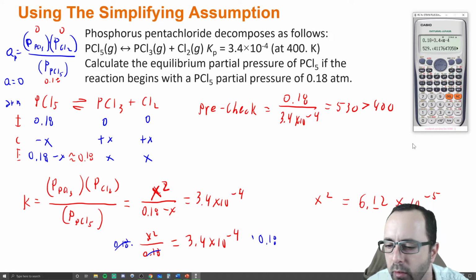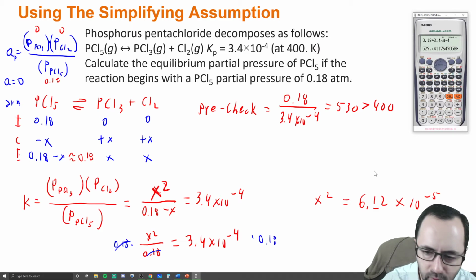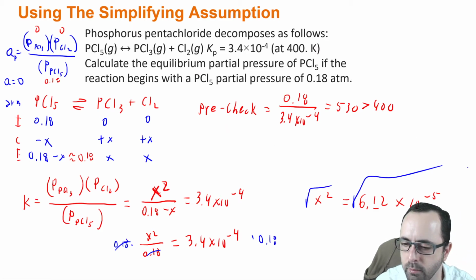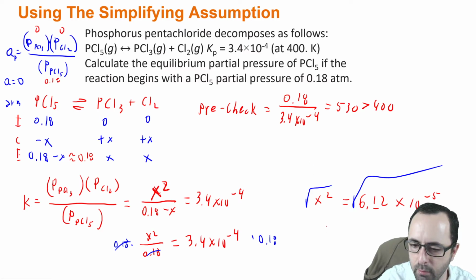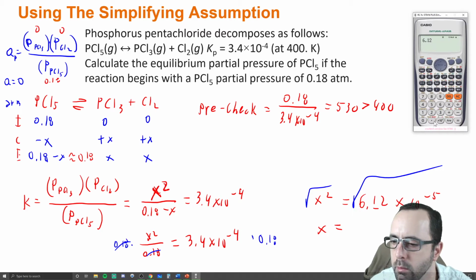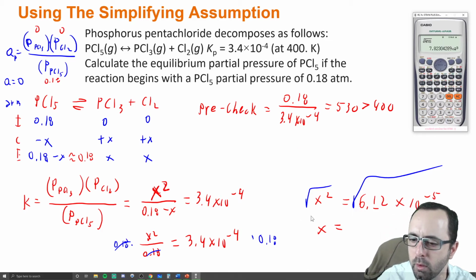Okay, 530. That's fine. Now we're going to take the square root of both sides. So x equals the square root of 6.12 times 10 to the minus 5, and we get, with 2 sig figs, 7.8 times 10 to the minus 3.